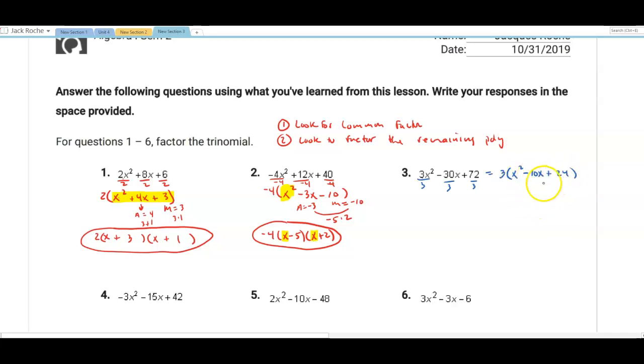This polynomial does not have a number in front of x squared, so I know it's x and x. What numbers multiply to give me 24 and add up to give you negative 10? That would be negative 6 and negative 4. So this would be minus 6, minus 4, and we are now factored.